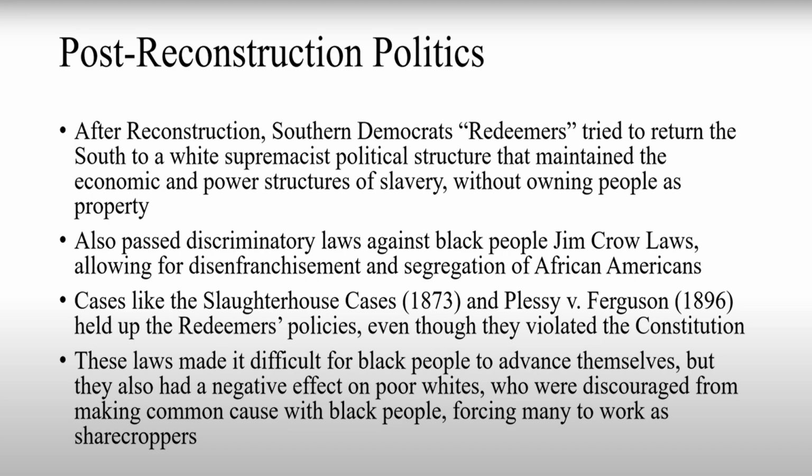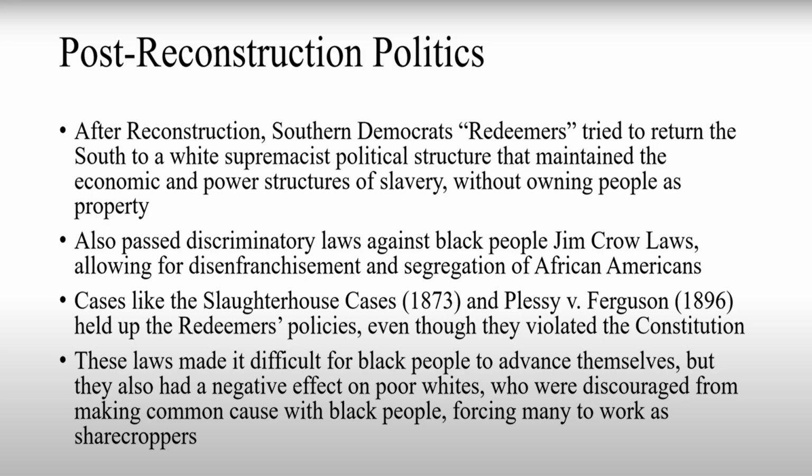They and their constituents will vote out some of the African American congressmen and senators that have been elected during Reconstruction, and they're building the solid South, a South that votes entirely for the Democratic Party, in which ideally all of the white population is going to vote for the Democrats, and the Republican Party will not be able to win elections in the South anymore, and African Americans' voting rights and political rights will be suppressed.